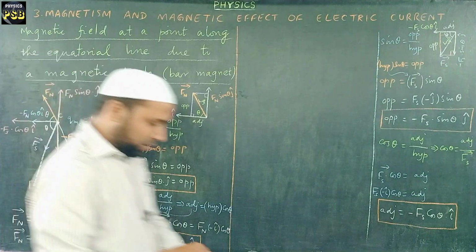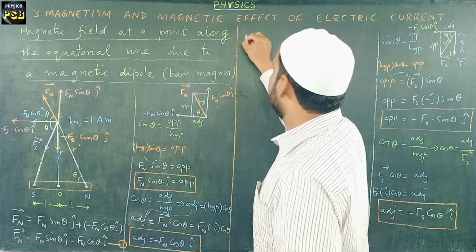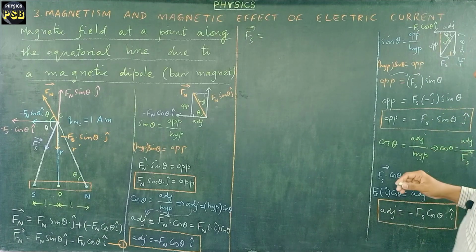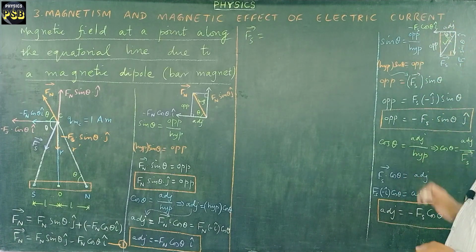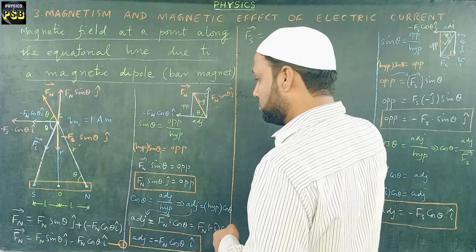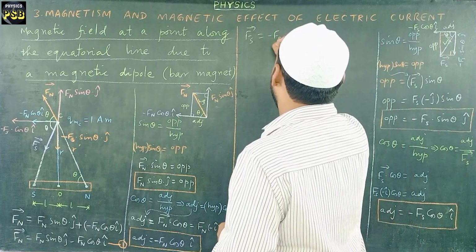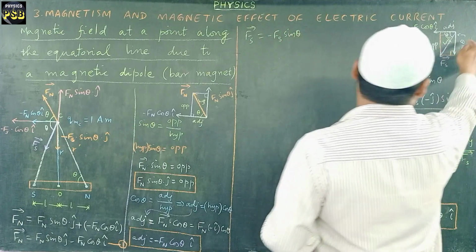Okay, in a similar way, Fs vector can be obtained if we add the horizontal and vertical component. What is that? Start with the vertical component first: minus Fs sin theta j cap.